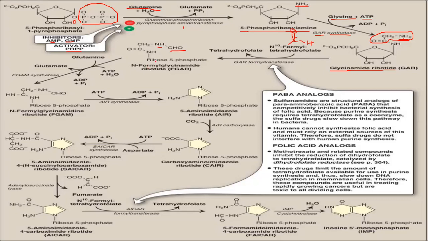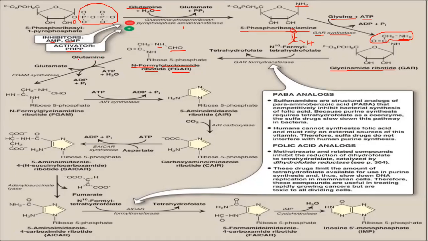To form this, you can see we have a formyl group attached to a nitrogen, so N-formylglycinamide ribonucleotide, FGAR. You have just attached a formyl to glycinamide ribonucleotide, giving N-formylglycinamide ribonucleotide.